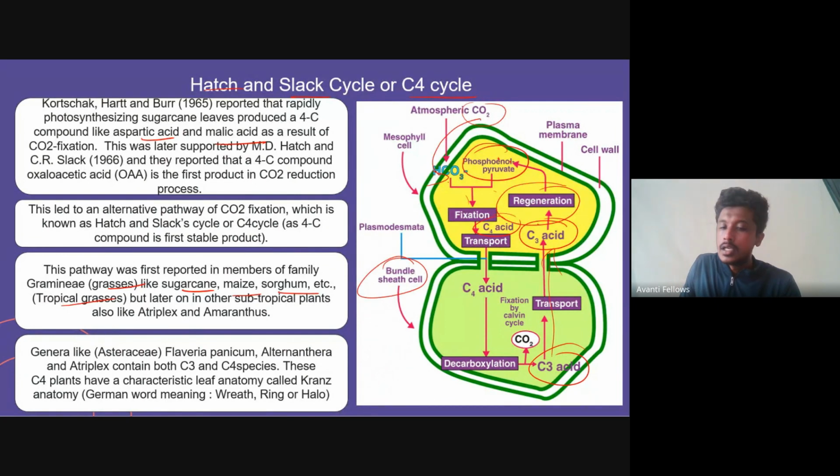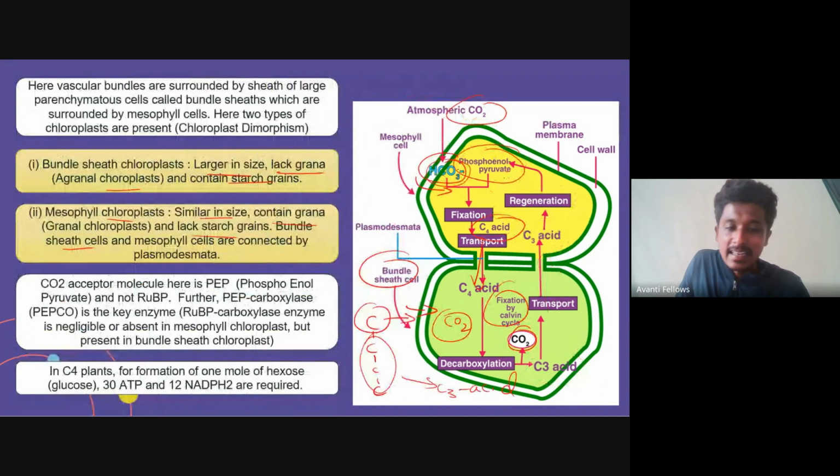Okay, so this is very, very important. Why? Because here they do not depend upon the atmospheric carbon dioxide concentration. They can regenerate their own carbon dioxide. That is why they have very high rates of photosynthesis. Whereas if you compare with the rest of the plants, like the bell pepper or the tomato, they lack Kranz anatomy.